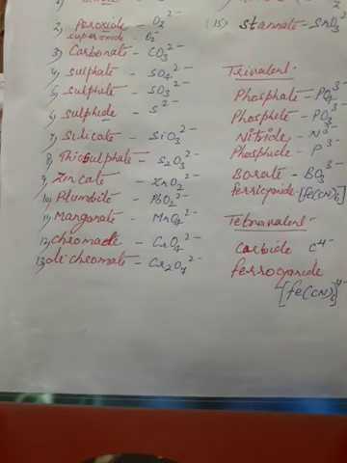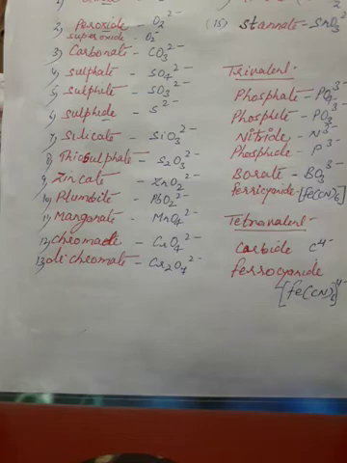Then silicate. Okay, silicate means oxygen is present, compound of silica. Silicate SiO3, valency is 2 minus. Then thiosulfate also, S2O3 2 minus is thiosulfate. These you may not use in 9th standard, but you should learn silicate and thiosulfate. Then zincate is very important.